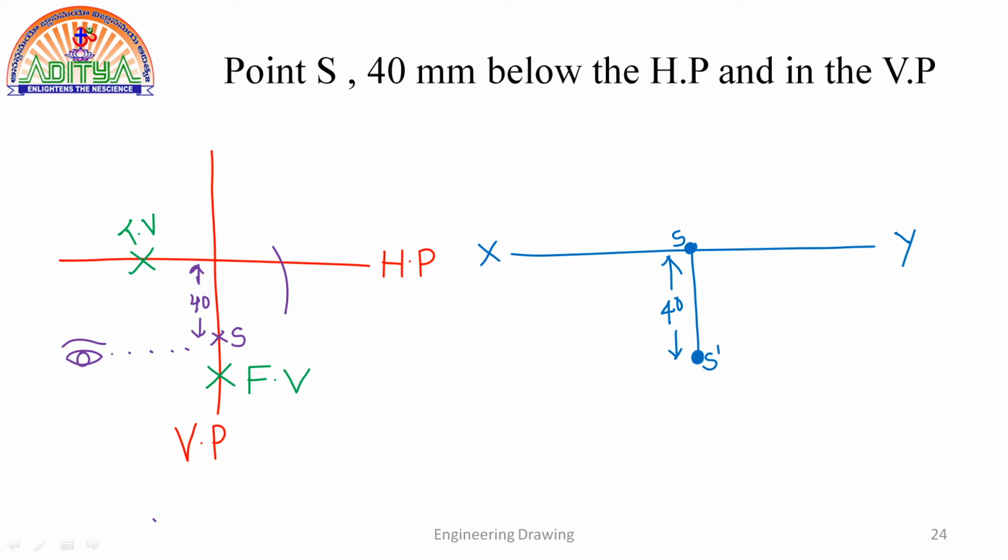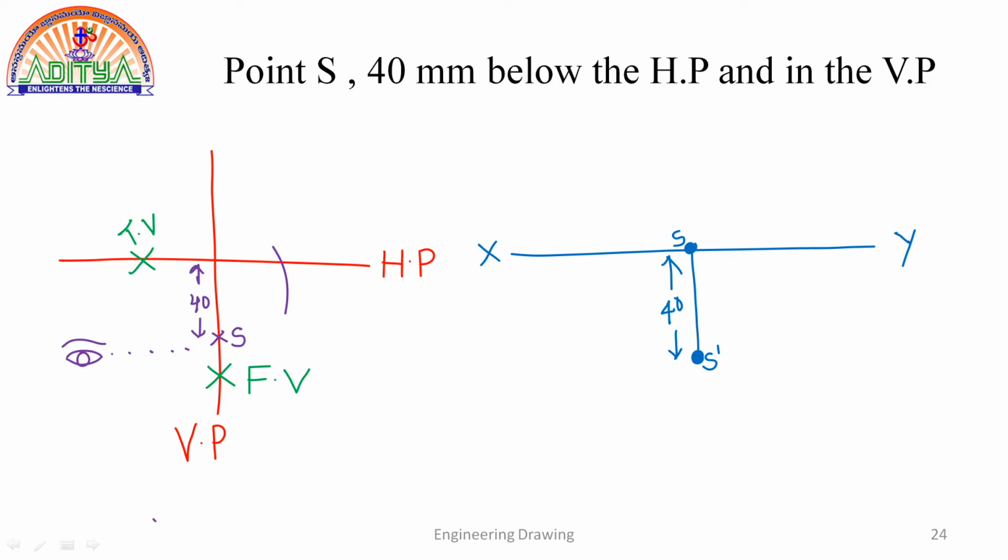In my previous classes we have already solved this type of question. Some questions will be like this: the point is below HP and in the VP, above HP and in the VP, above VP and in the HP, or below VP and in the HP. If the condition is like that, we have to draw only the horizontal plane and vertical plane. We don't need to draw a separate quadrant system. Why?